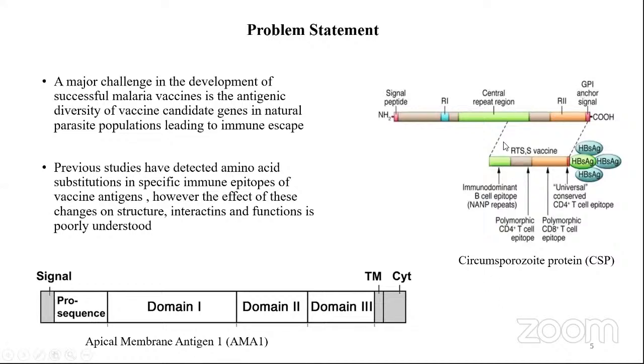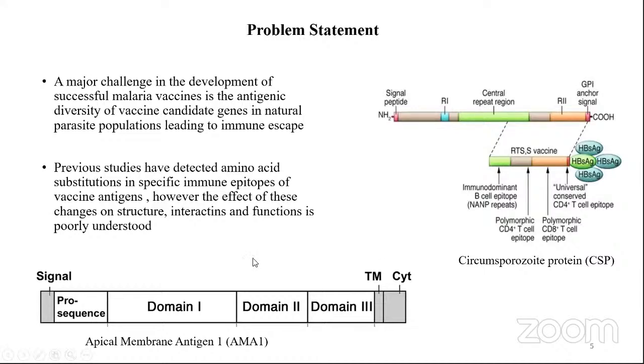And the RTS,S has been designed based on part of the central repeat region, which is the image on the right, and then the polymorphic T cell epitope, and has been fused with a hepatitis B antigen to boost immunity. Studies have shown that the CD4 epitopes are very polymorphic, but those epitopes are also very important in mediating cell-mediated T cell immune responses.